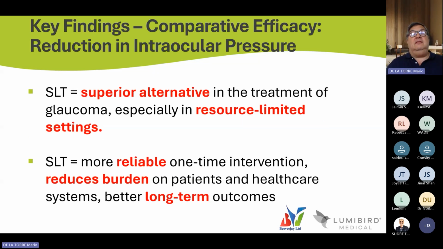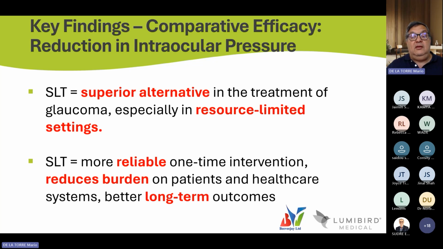The key finding when you compare efficacy and reduction in intraocular pressure is that SLT seems to be, according to the LIGHT study, a superior alternative in the treatment of glaucoma, especially in places where we don't have enough money to invest in our treatments, in resource-limited settings. That happens in Latin America, and in Sub-Saharan Africa also. SLT seems to be more reliable as a one-time intervention, reducing the burden on patients and healthcare systems.